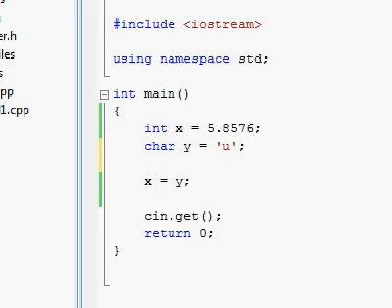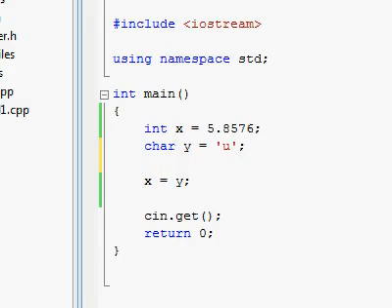As a matter of fact, this thing over here is an R value, a right value, just like this over here is an R value. This over here is an R value which yields the value 5.8576. This is a right value which yields the number 117.